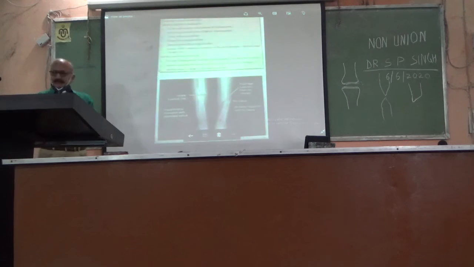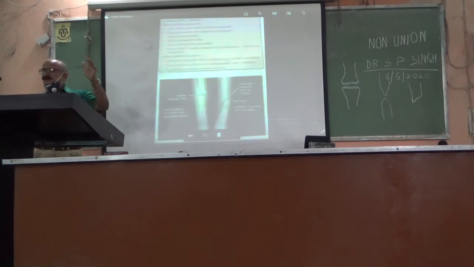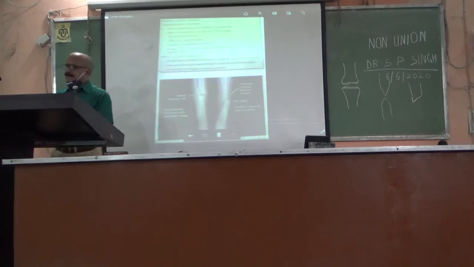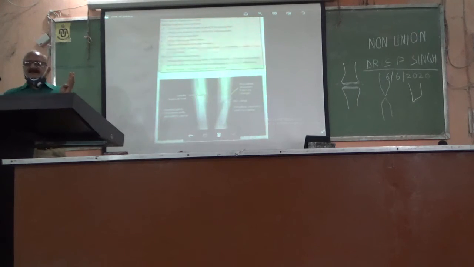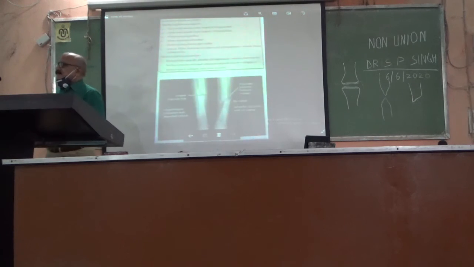If you want to use a blade, it should be a long blade. If you want to use a nail, it should be of the entire length of the bone. So, open reduction, freshening of the edges, internal fixation, and the fourth is bone grafting.